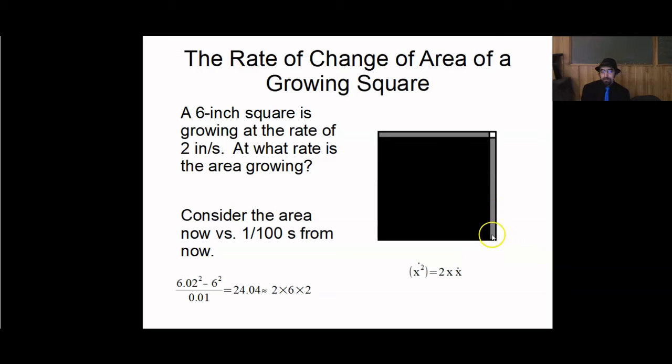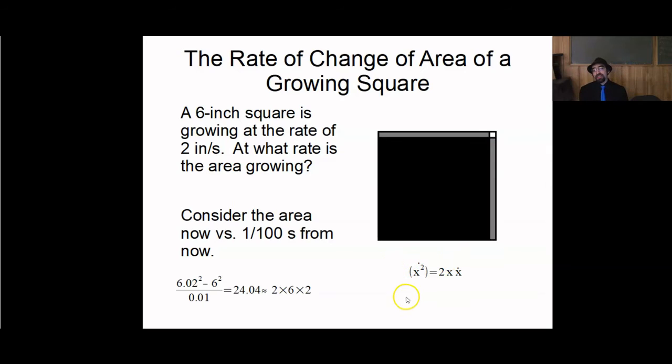So you'll get 6 times the rate at which that length is changing, plus this length times the rate at which that length is changing. And then what about this little tiny white area? Well, this is a tiny little length, which for small amounts of time is negligible, times the rate at which it's changing. So for really, really small amounts of time, that actually goes away.